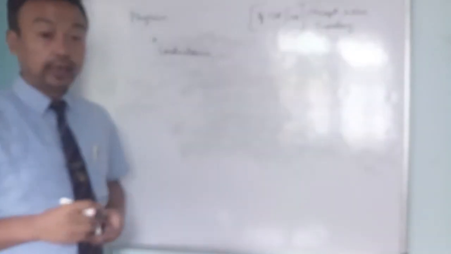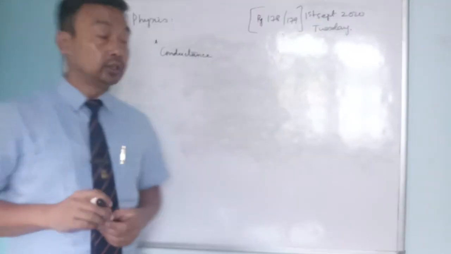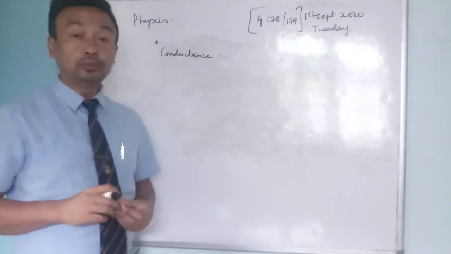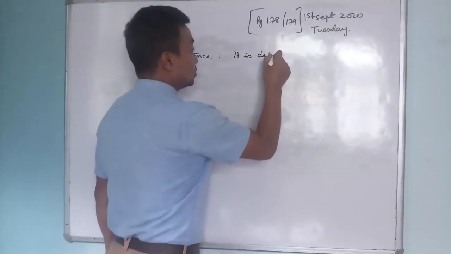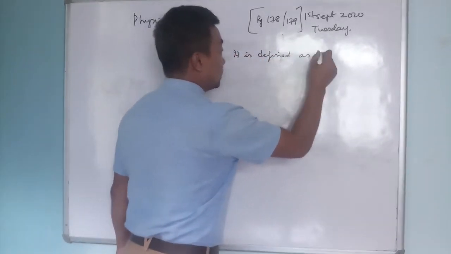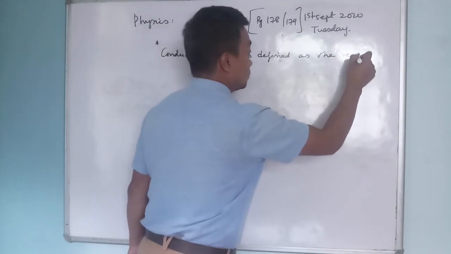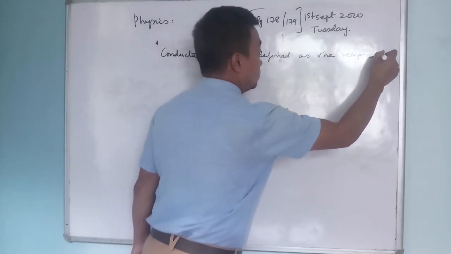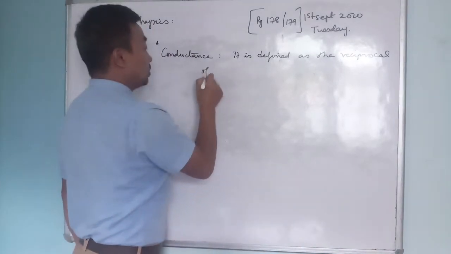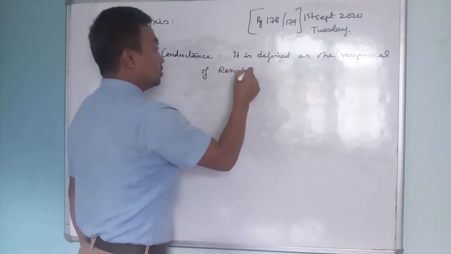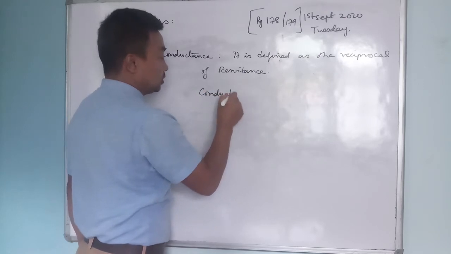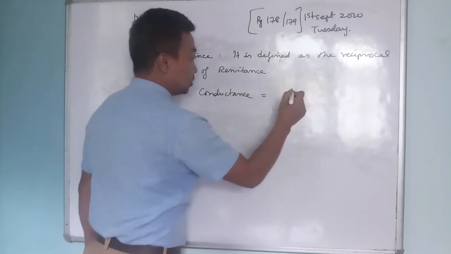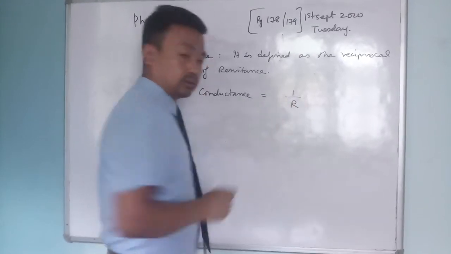Conductance is defined as the reciprocal of resistance. So we can also write like this: conductance is equal to 1 by R, the resistance.